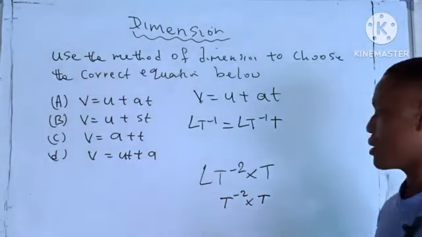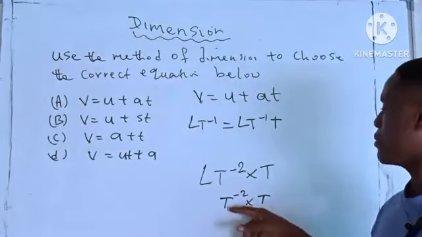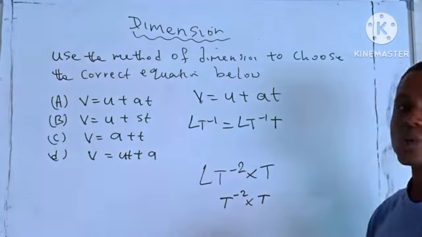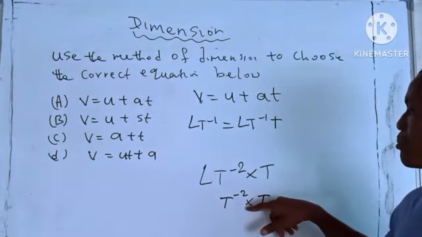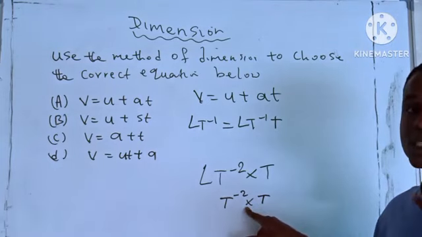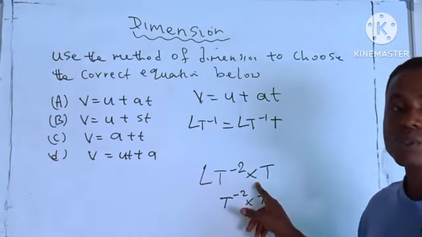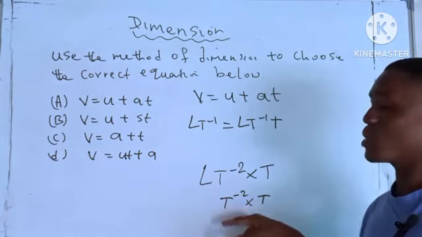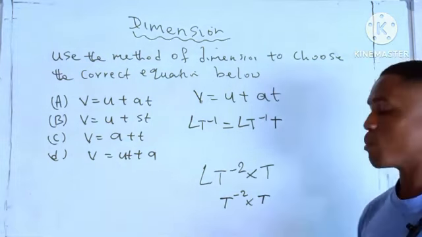One of the laws of indices is the multiplication law. If the two bases or the two down alphabets are the same and the middle is multiplication, you will add the exponent. The exponent is talking about the upper numbers.